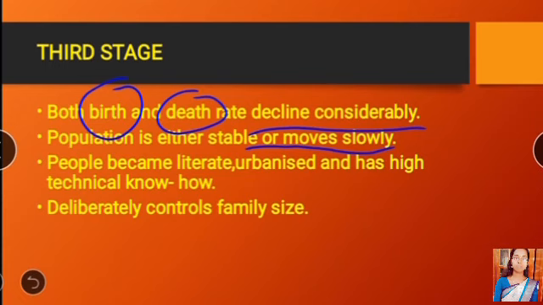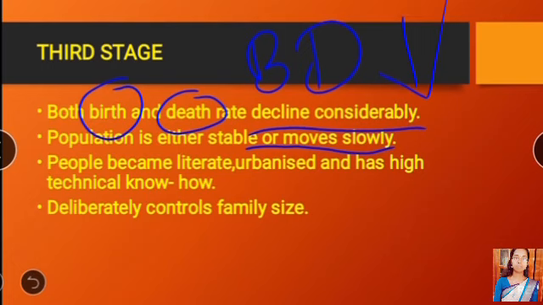The population becomes urbanized, literate, and has high technical know-how. Their technological knowledge is high and they deliberately control the family size. So in the third stage of demographic transition, birth rate and death rate decline considerably.